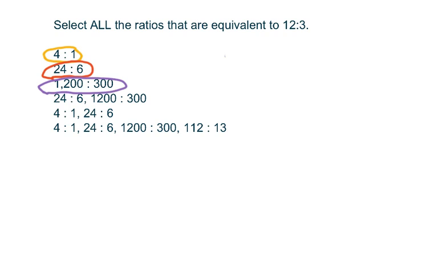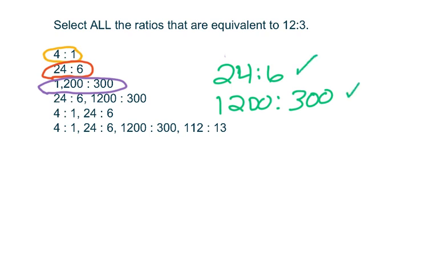So one of the potential wrong answers here is for someone to pick 24:6 and the ratio of 1,200 to 300. So although both of these are equivalent to the ratio of 12:3, we're missing the one, 4:1.